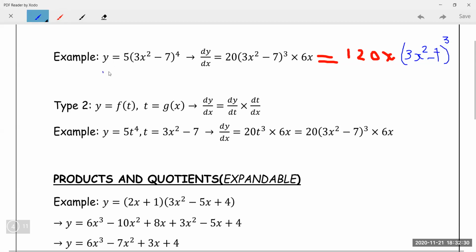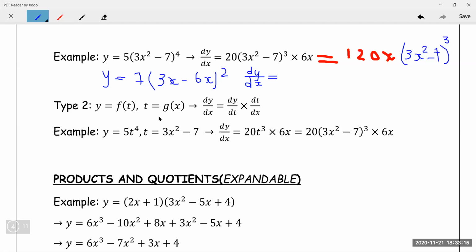Let's say I gave you that y is equal to 7 times (3x minus 6x squared) all squared. What's dy by dx?